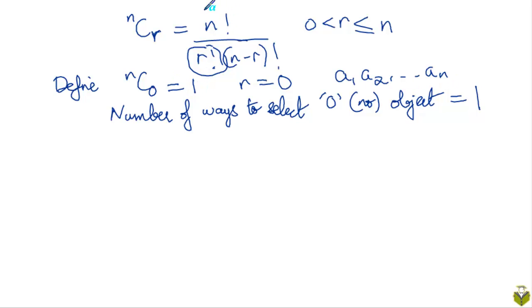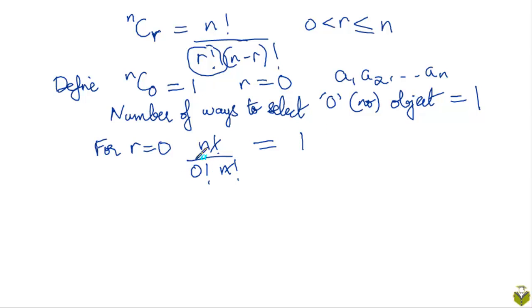So if you look at what the right hand side is for r equal to 0, it is n factorial divided by 0 factorial, and this (n minus r) factorial is n factorial because r is 0, and then n factorial and n factorial cancel, and 0 factorial is also 1.